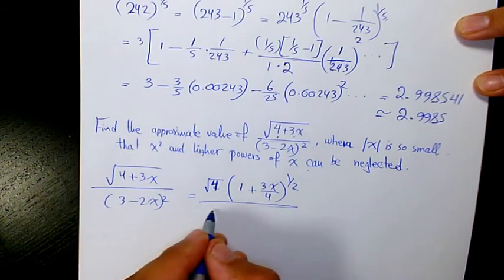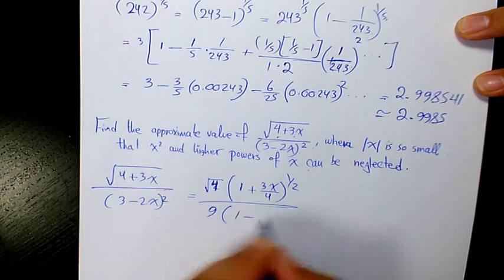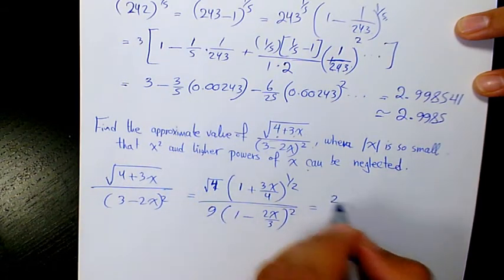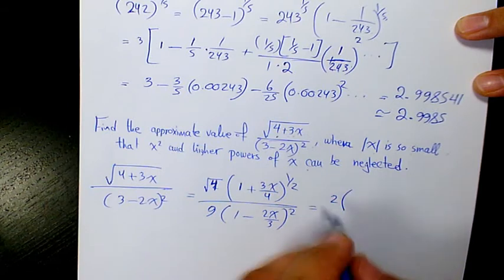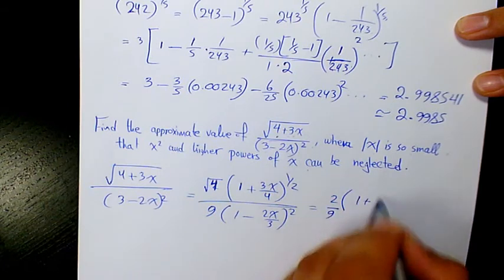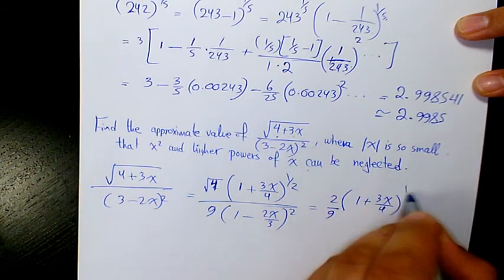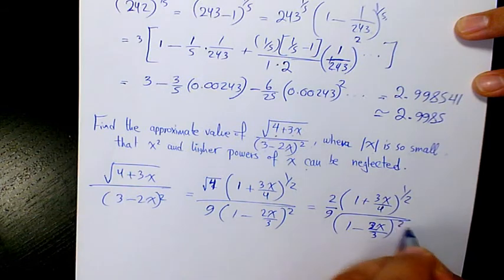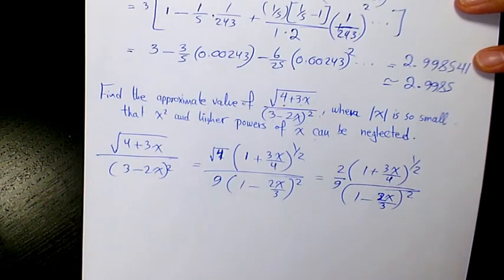This one is going to be over 9, (1 minus 2x over 3) to the power of 2, that's 2 over 9, (1 plus 3x over 4) to the power of 1 half, (1 minus 2x over 3) to the power of 2, which is going to be negative 2 when you bring it into the numerator.